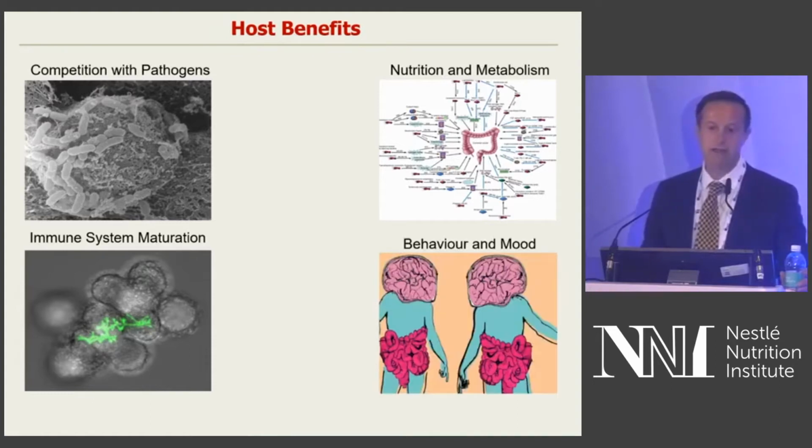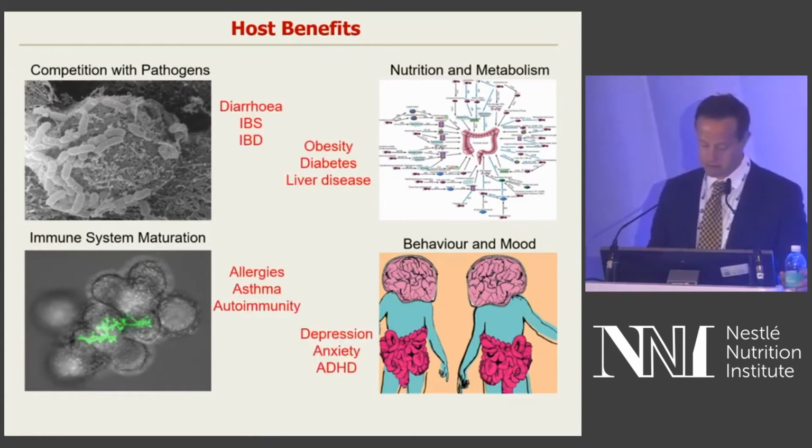And I think one of the areas that is really a hot topic for the last few years is the influence of gut bacteria on behavior and mood development, and particularly from an anxiety point of view. And in red here, I've put in what changes in some of these bacteria have been associated with, from gut diseases to metabolic dysfunction, to, of course, allergies and asthma, and also some CNS effects, particularly anxiety.